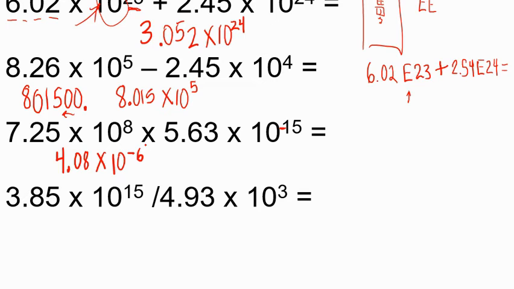Now, this you may have problems with. I need everybody in here to get this answer. 1, 2, 3, 4, 5, 6 is what I said. So what you do is you just take this decimal and you back it up. See, I'm backing it up 6 spots there to get to there.